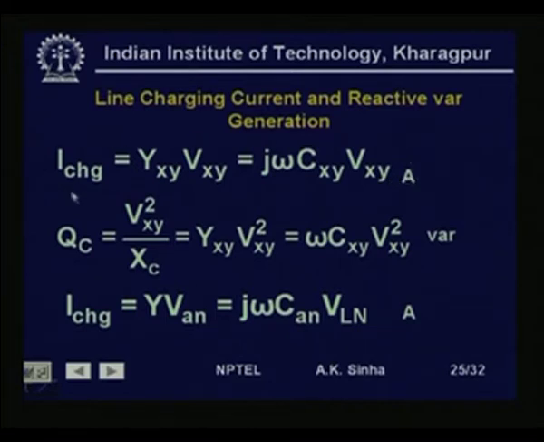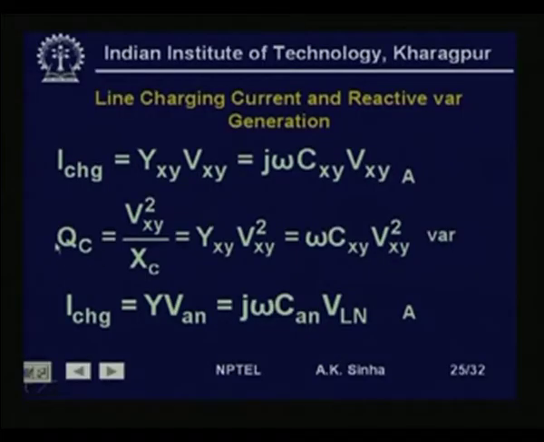So, once we have calculated the charging current, we can also find out how much is the volt ampere reactive which is supplied by this charging capacitance of the transmission line. The capacitance of the transmission line will in fact be supplying reactive power to the system, and this will be given by QC, which is equal to Vxy square divided by Xc, or Yxy into Vxy square.